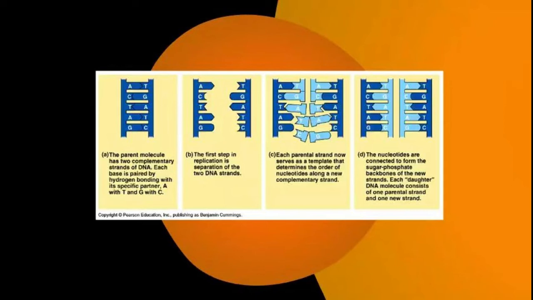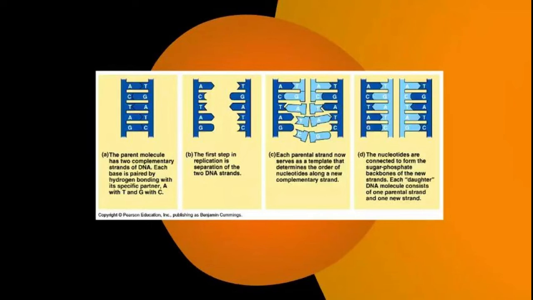Then the DNA molecules will automatically fold back into the double helixes as the hydrogen bonds are formed within the molecules. And DNA replication, therefore, is said to be semi-conservative because that new DNA molecule will contain one original strand and one newly synthesized strand. These can also be referred to as a parental strand and a daughter strand.